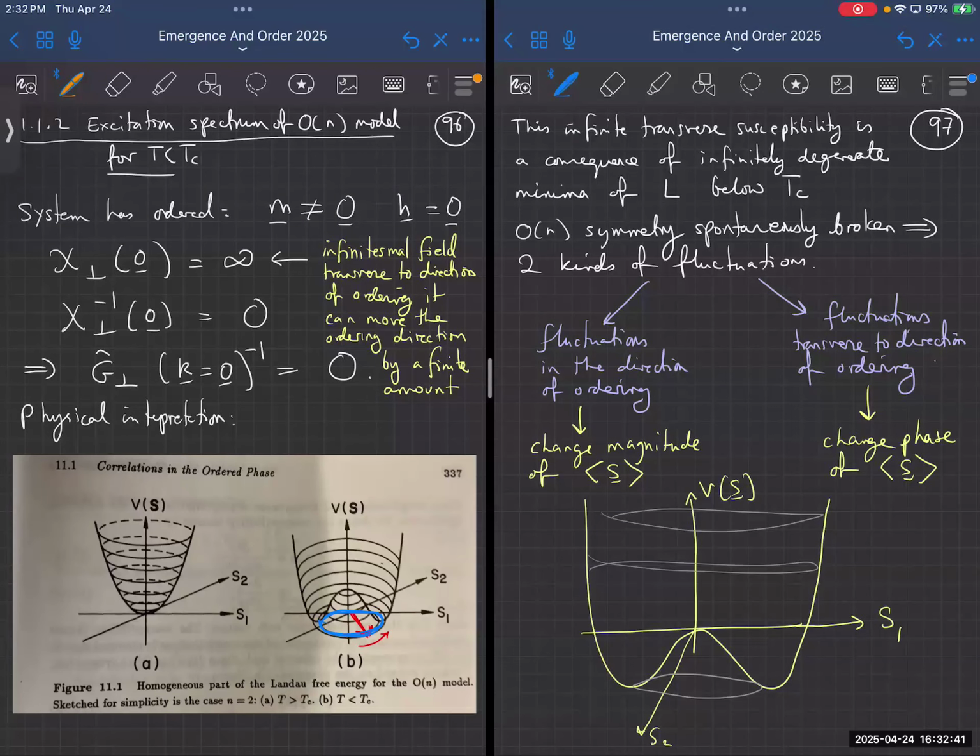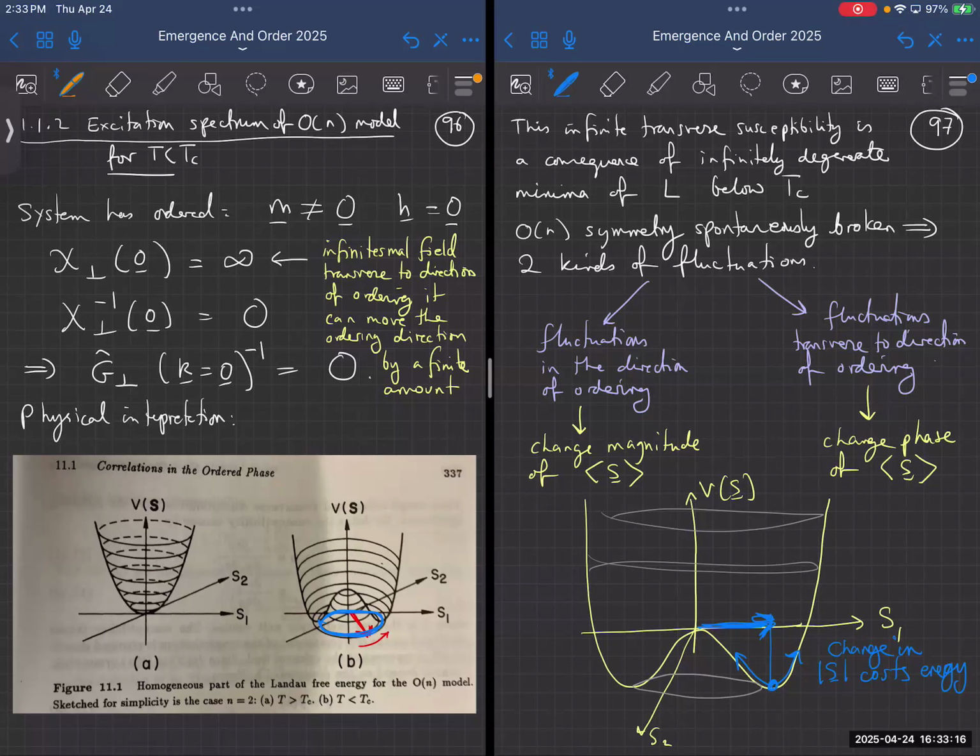The order parameter, the magnitude of it, is that vector like so. And if I change the magnitude of it, so it's sitting right here, it's going to either go up to here, or if I make the magnitude smaller, the energy is going to go up to here. So what we can see from this picture is that a change in the magnitude of the ordering costs energy, just from the potential.